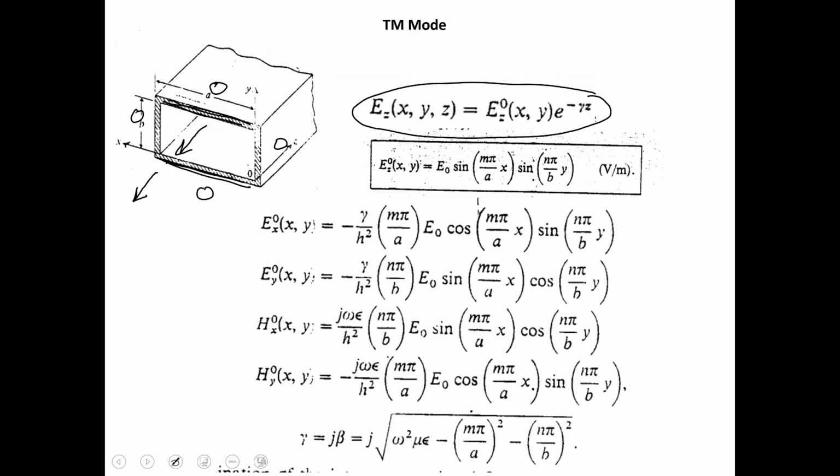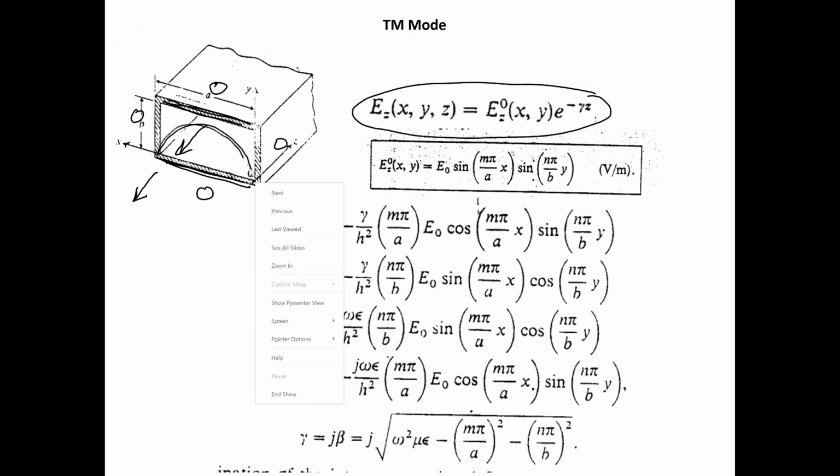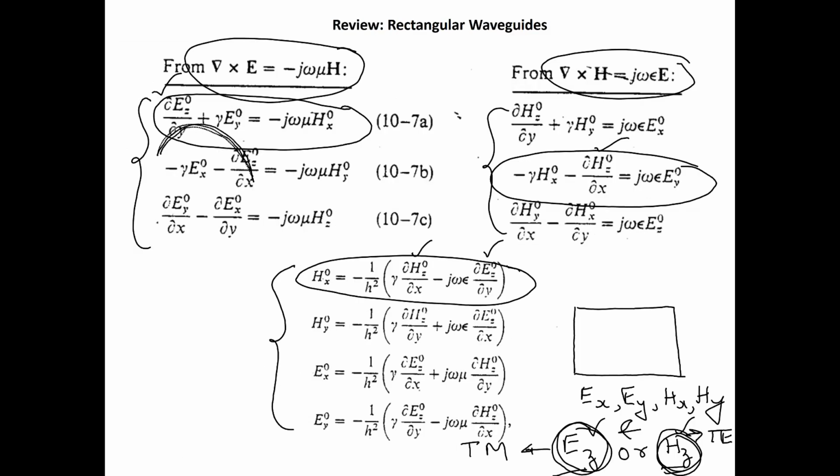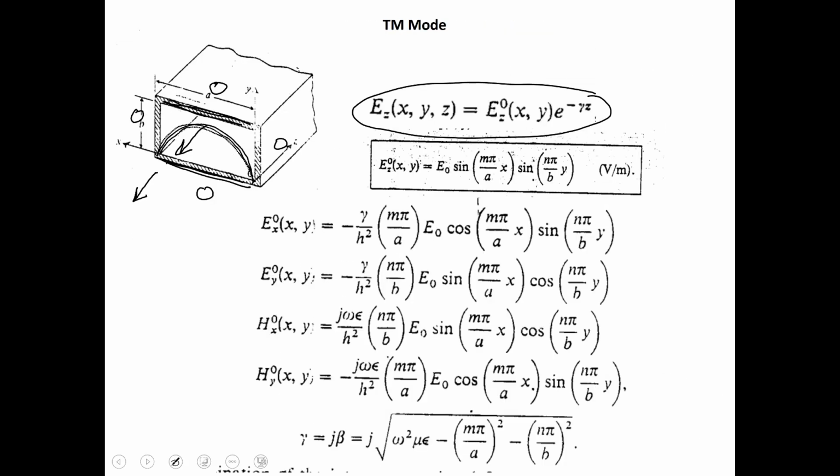Because of these boundary conditions, we realized that the field can only take a sine wave depending on the origin we have. It's going to vary as a sine in the x direction, and it's also going to vary as a sine in the y direction.